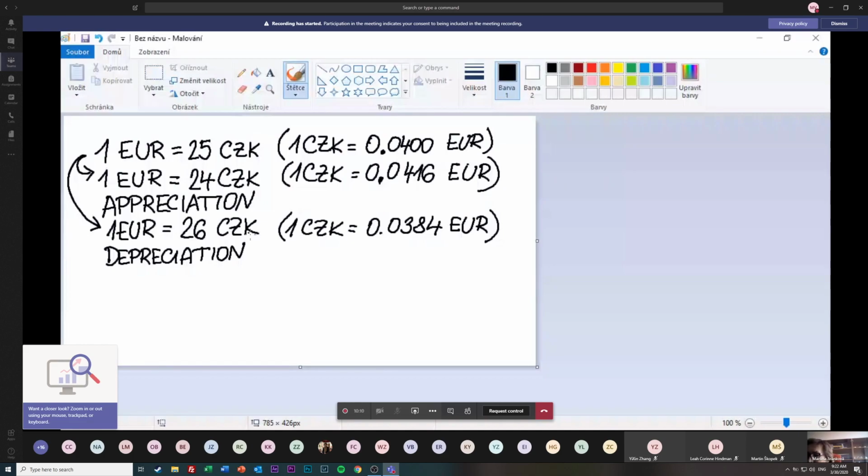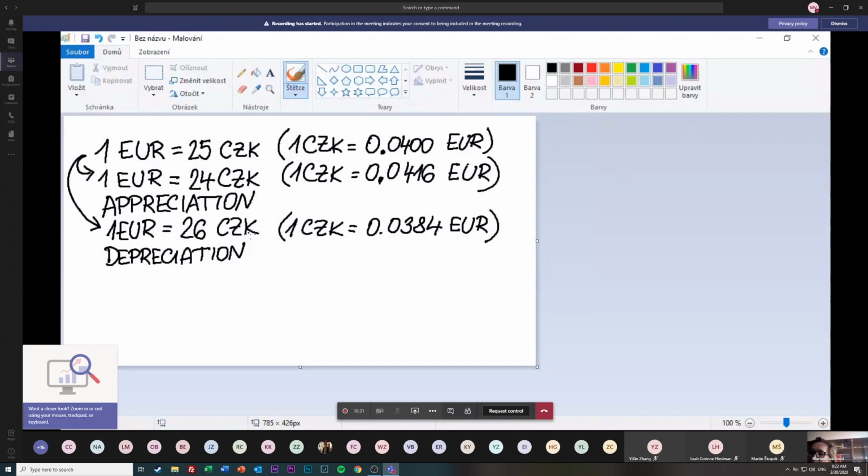So, once more, now we have talked about the basic words, appreciation and depreciation, which I'm going to use in this topic, so you can understand why we say that the Czech crown appreciated and depreciated.